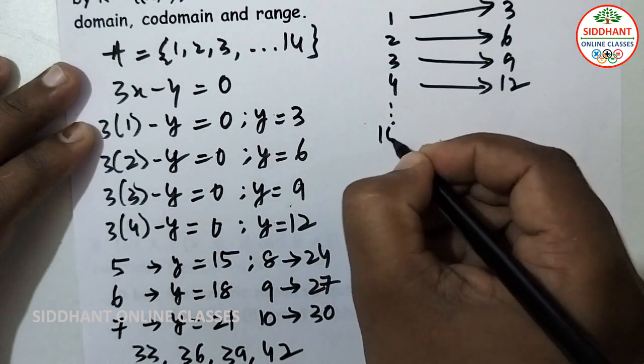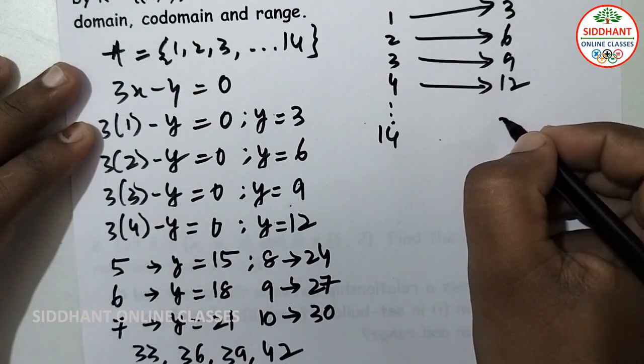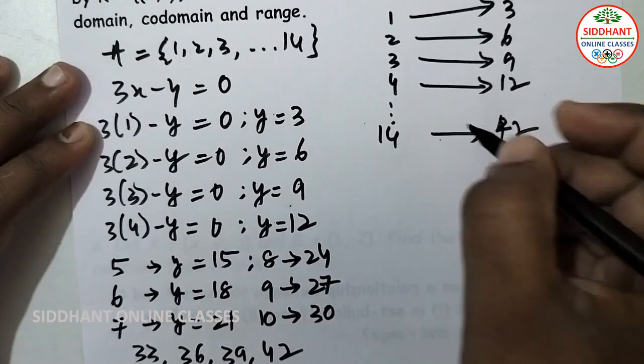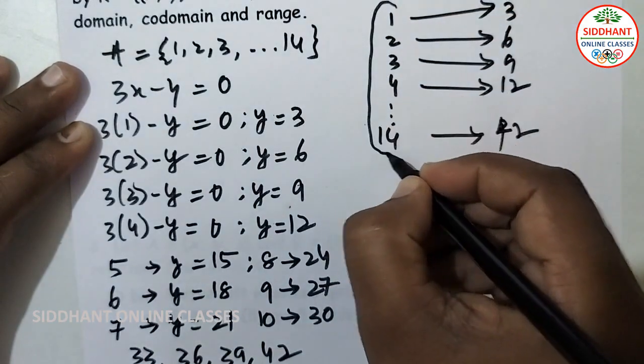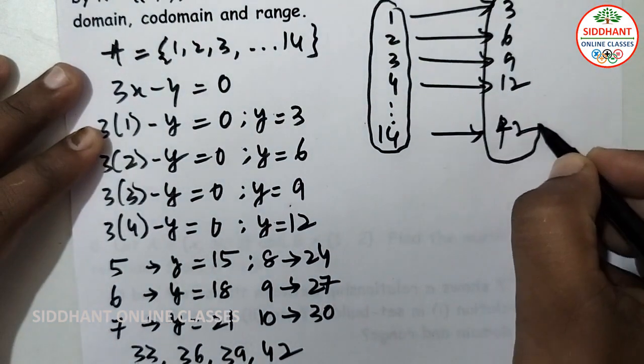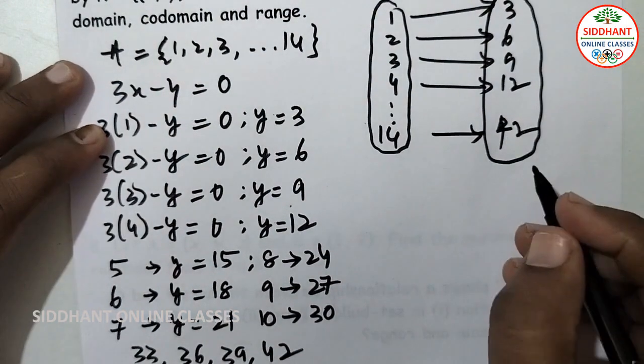Up to 14 we get 42. So this is the x element, and this will be the y element.